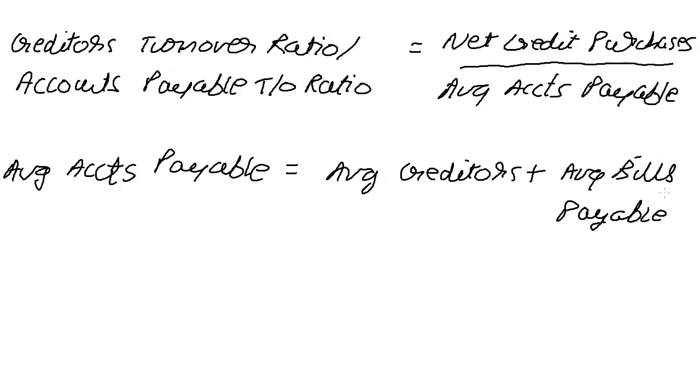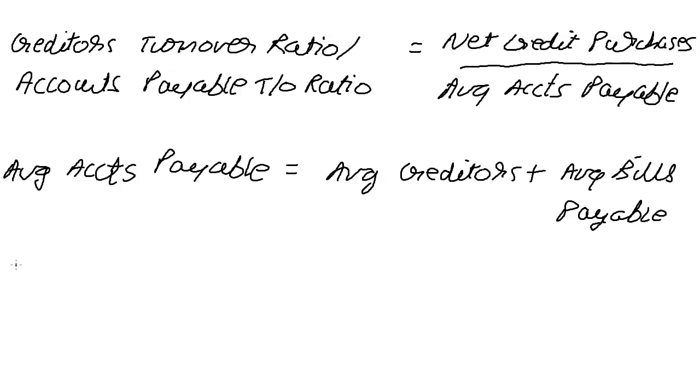Now, you need to keep in mind that in the exam, if you do not have opening creditors, opening bills payable, just take the creditors and bills payable that are given in the question and solve. No need to divide by 2 or anything, just directly put it.